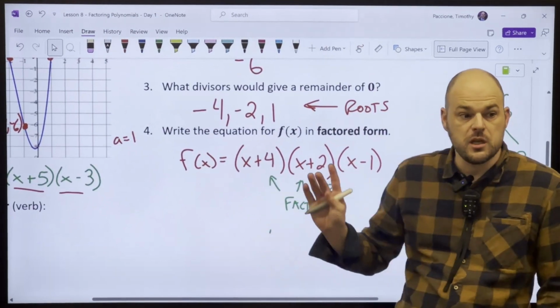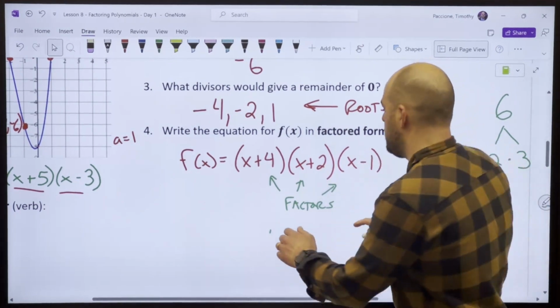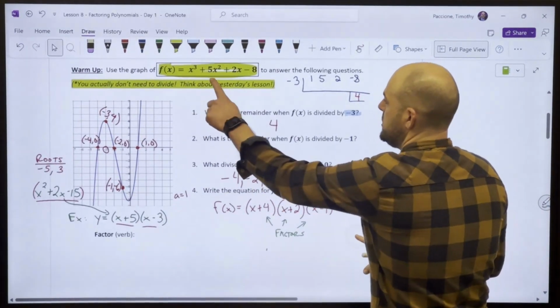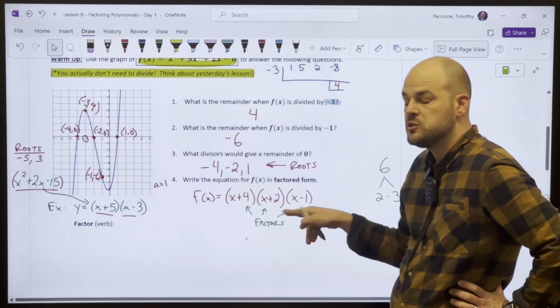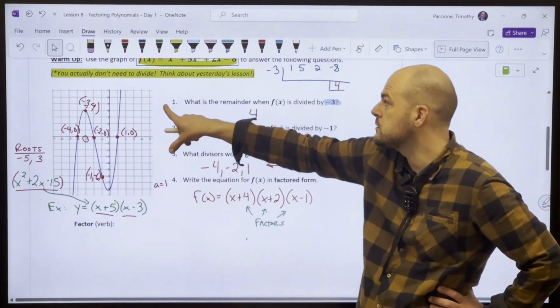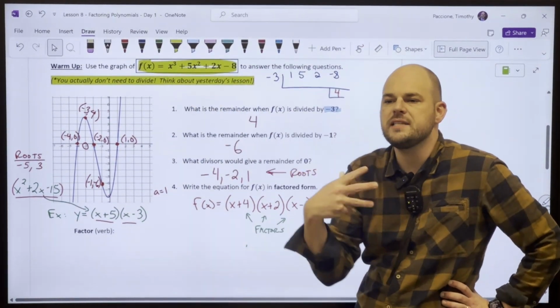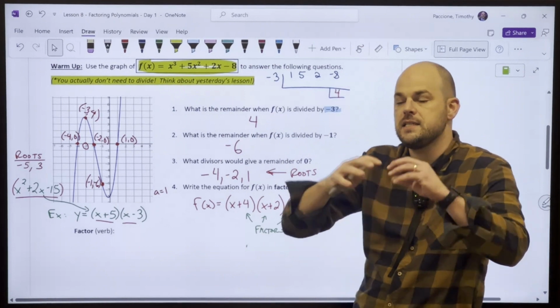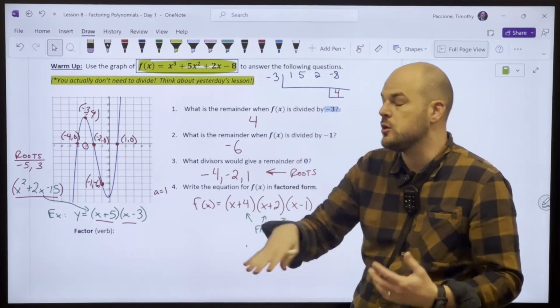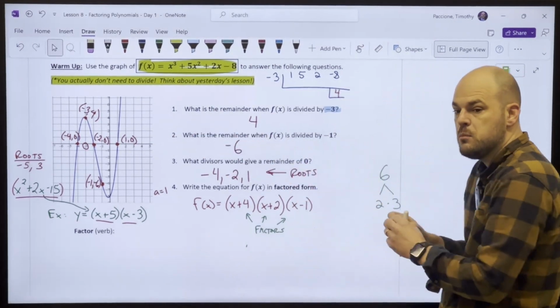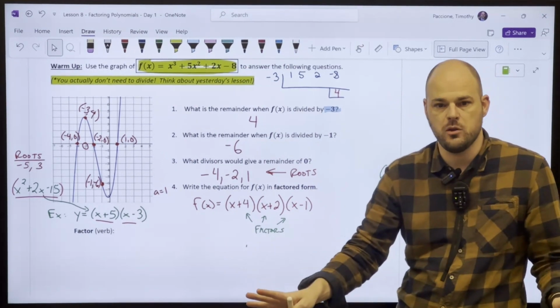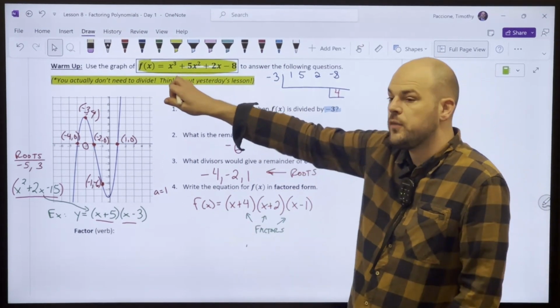These are factors of the first equation that we started with, right? This equation. Because if I took the time to multiply this all out, I would get that, right? Remember what I said a factor is. To factor, meaning the verb, is to take a bigger thing and break it into the multiplication of smaller things. Here's the bigger thing.